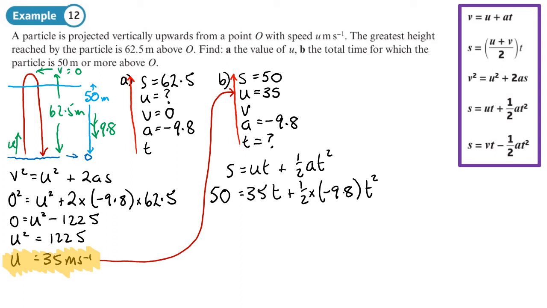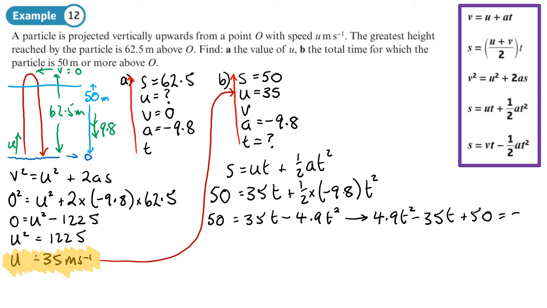So that will give us 50 equals 35T minus 4.9 T squared. We'll make it a nicer looking quadratic, so we'll have 4.9 T squared minus 35T plus 50 equals 0.